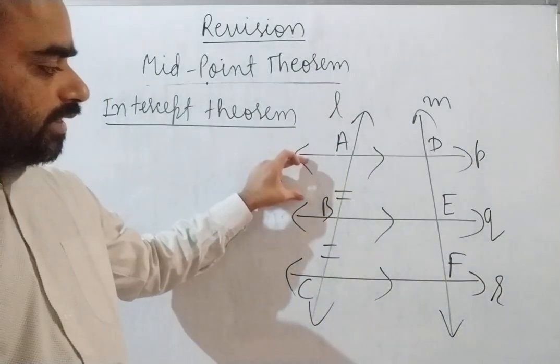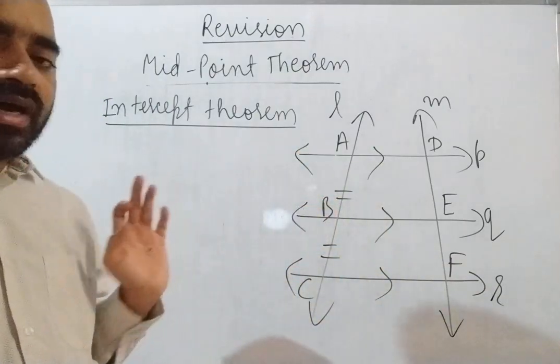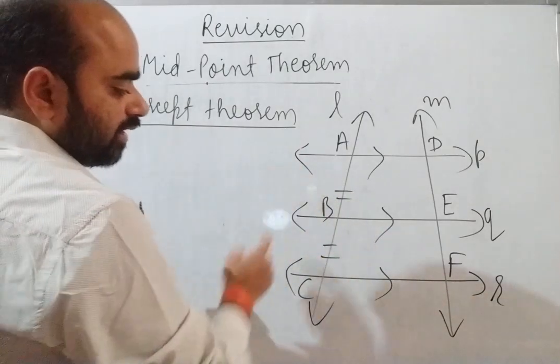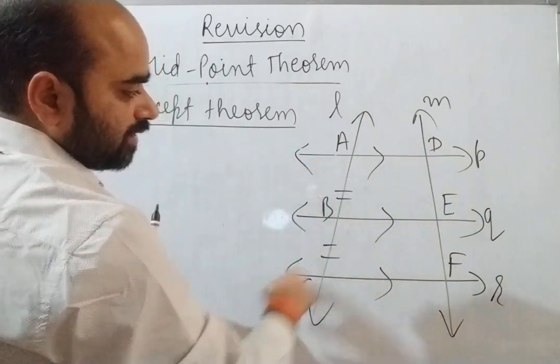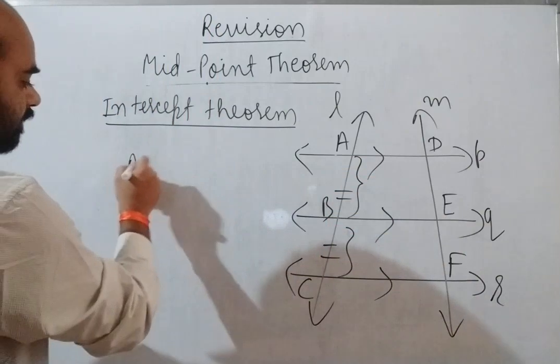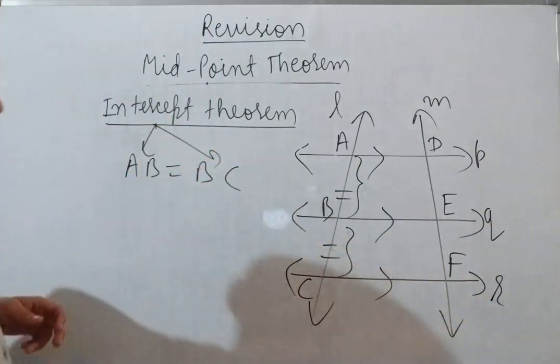So intercepts made by one transversal on 3 parallel lines are equal. What is the condition given? Condition must be 3 parallel lines. One transversal will cut 3 parallel lines, and these are called intercepts, which are AB is equal to BC. This is given and these are called intercepts.